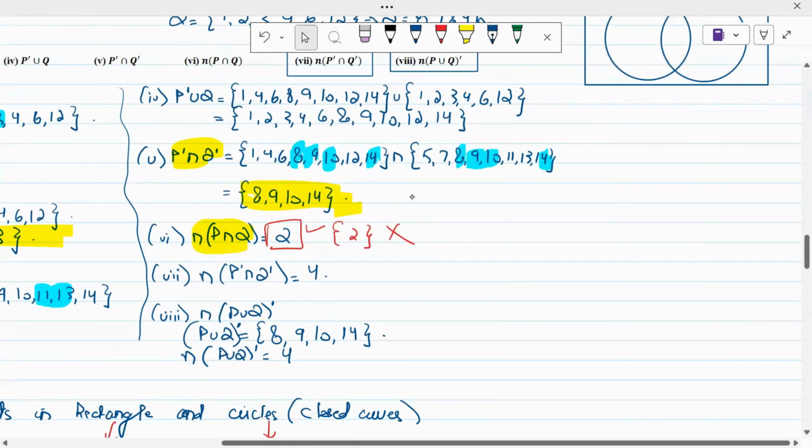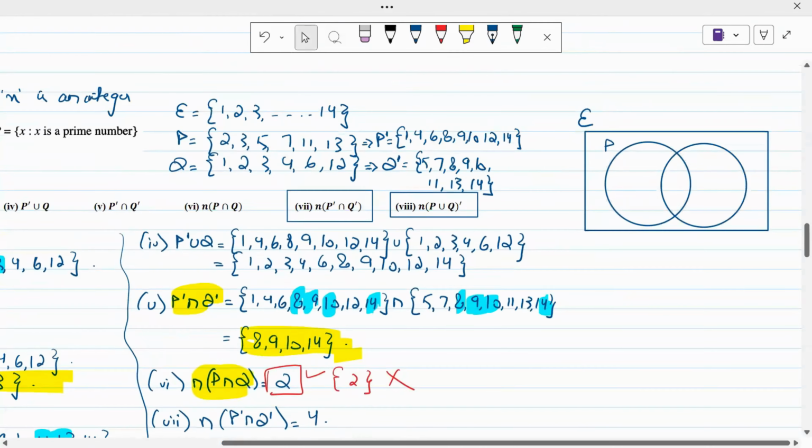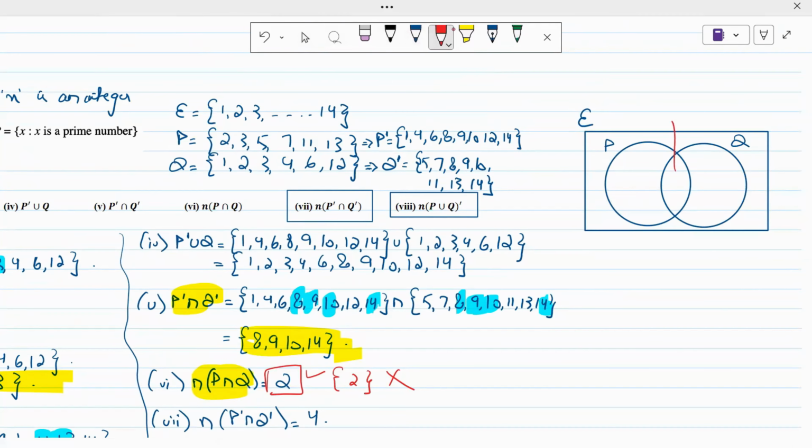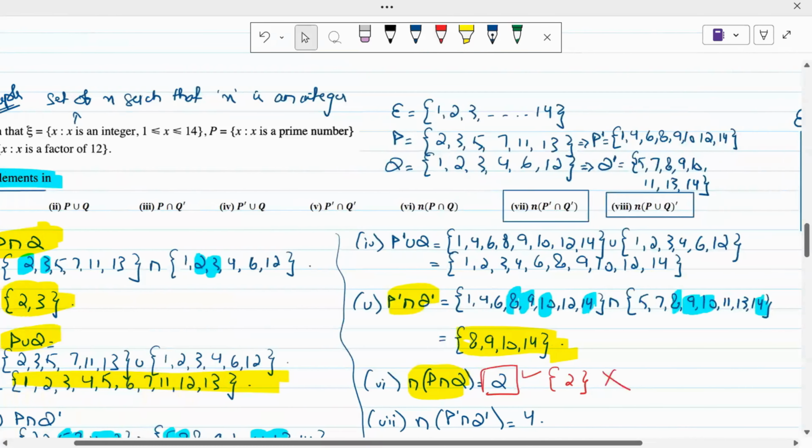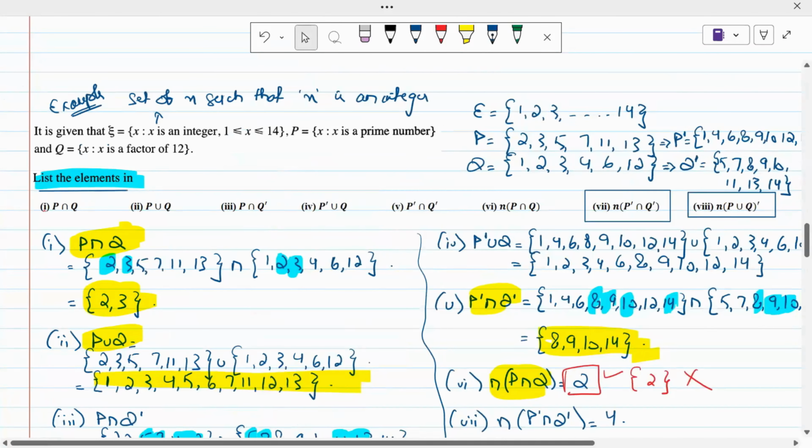Since we do have the intersection here, P intersection Q exists, so we have to show the common region. Always remember this part is the common region for the two sets. This is P intersection Q. We have already found P intersection Q is 2, 3.